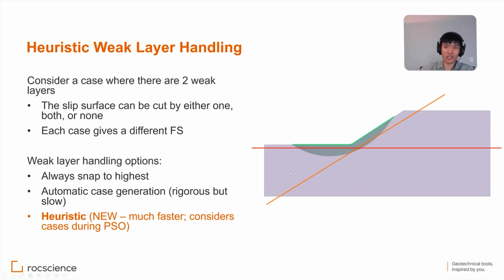It does this during the spline search or during the ellipsoid search. So it's a lot faster and performs very similarly to the rigorous option. So consider trying it out. It's going to be released in the upcoming release. And it's only available with particle swarm optimization.